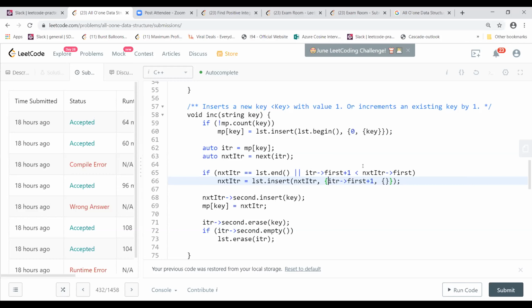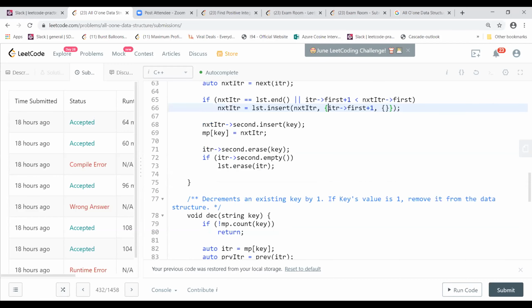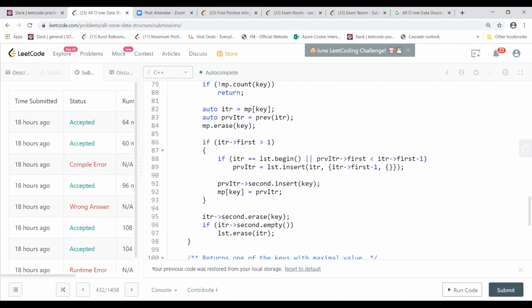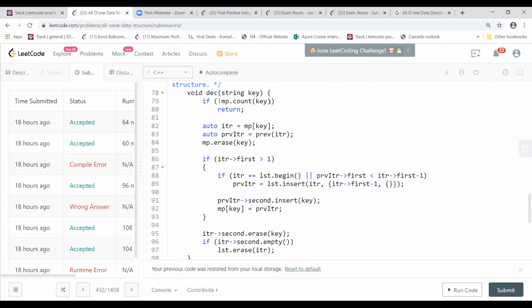So the decrement is also a similar thing. It is almost the same thing we are doing. Again, you are finding it and then trying to find the previous, in this case. There it was the next one. But then there are a few more things to take care of. In this case, you have to look for whether the previous bucket exists or not, and then push it. But only look for this if it is greater than first.